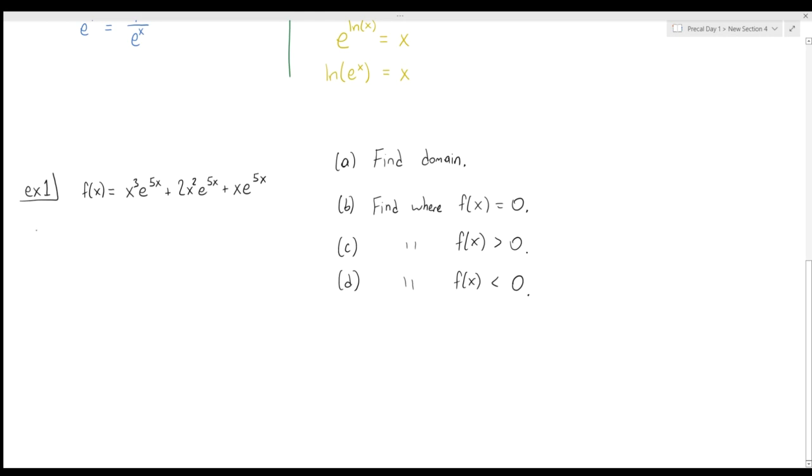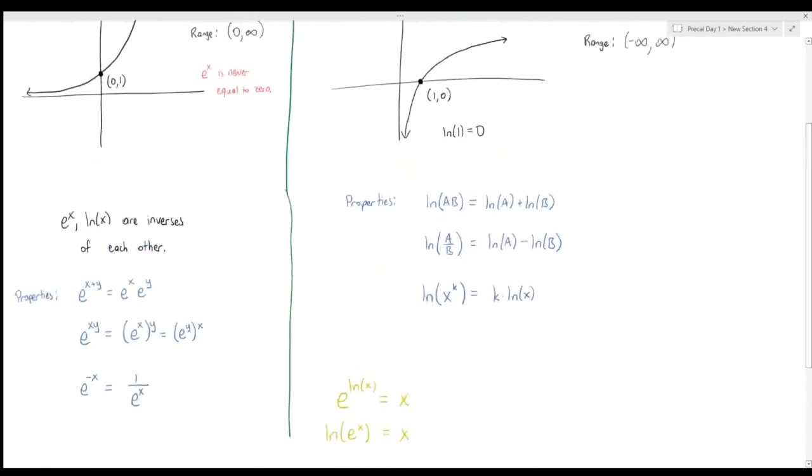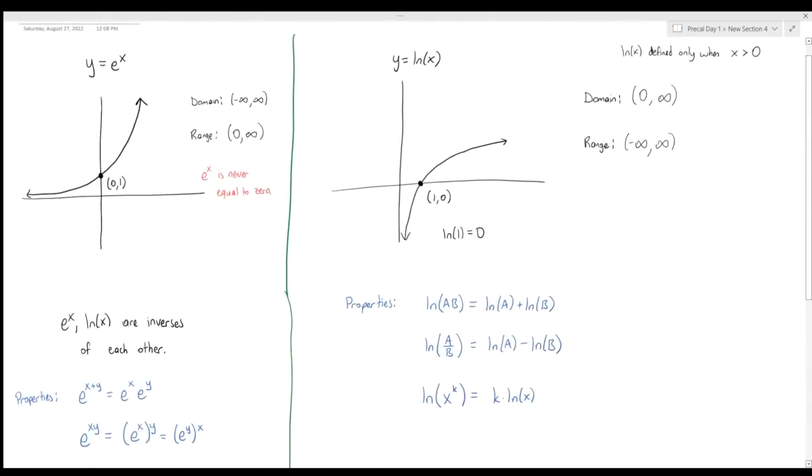Okay, so for the domain, first of all, this is where you need to know properties of the exponential function. As we saw earlier, the domain of the exponential function is all real numbers, okay? So you can stick any number into the exponent, and e to that power will be defined.